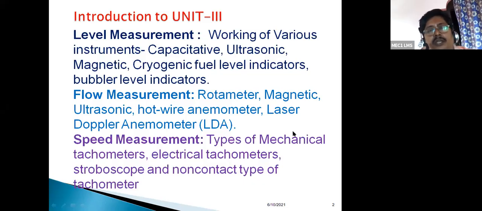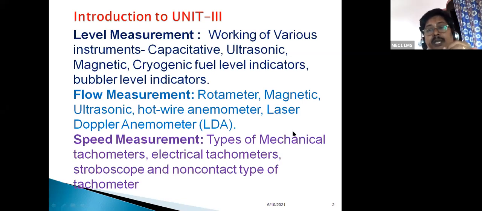So here, the level means the height of a liquid. That means the position changes. For example, in a container or in a vessel, some liquid medium is there. In that, how can you find the level? It measures the height from the datum line or the reference line.